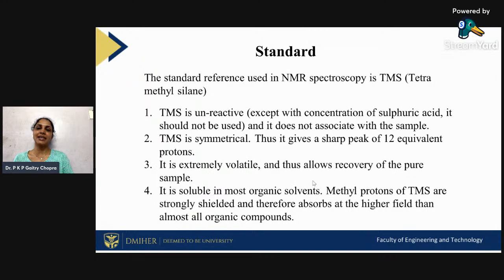So the very first signal in the NMR spectra, at zero delta, is for TMS, because it is the most shielded molecule, having 4 CH3. So the signal of TMS is very upfield, and it is considered as 0 delta, and 10 tau for the different scales of NMR spectrum.